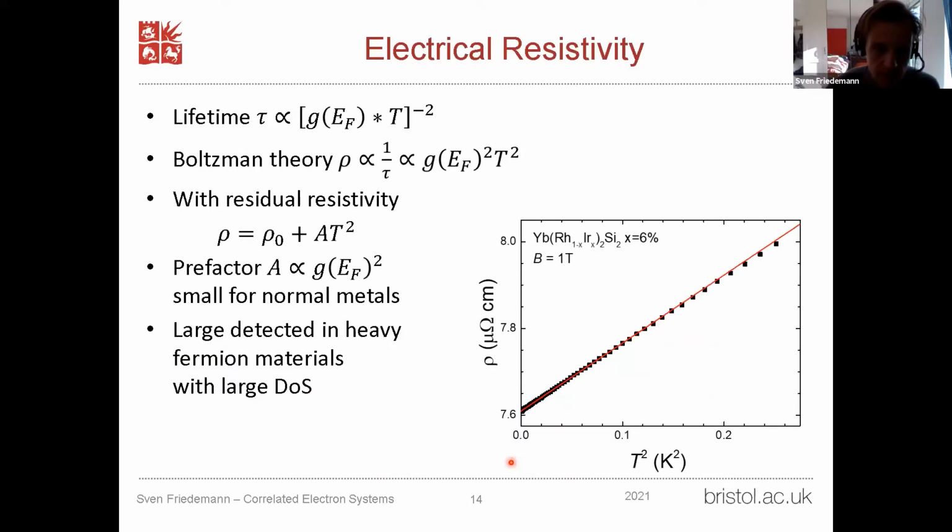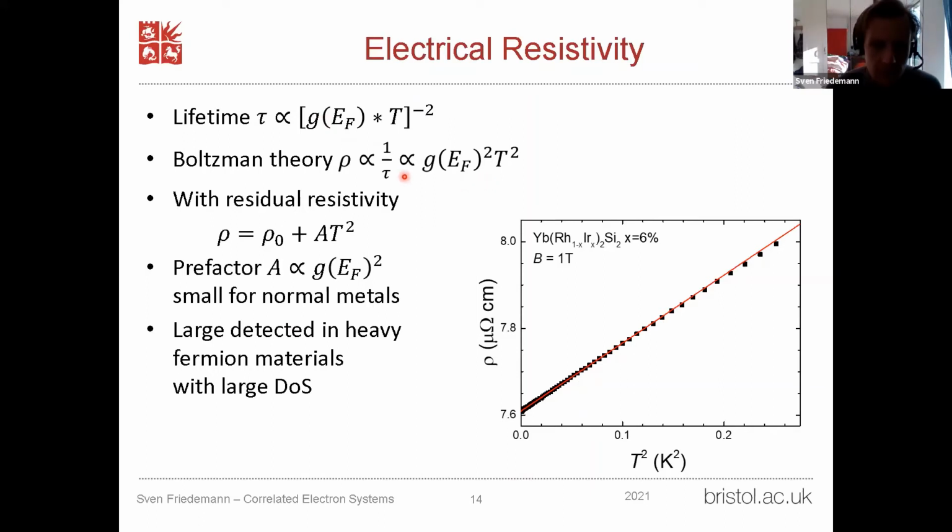Okay. So we expect that the scattering rate is proportional to temperature squared, and the scattering rate is of course inversely proportional to the lifetime of each individual state, or relaxation time as we've called it before. So we expect that this tau is going to be proportional to the inverse squared of the density of states and the temperature.